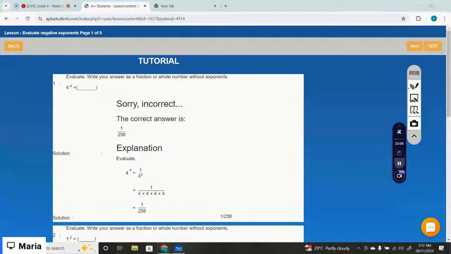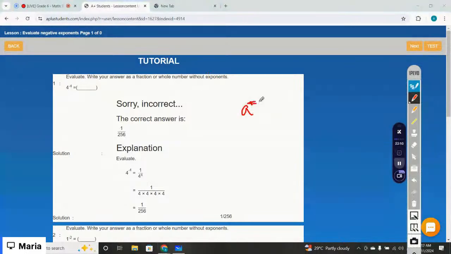You can relate the negative exponent to this. For example, we have a exponent negative n. We can make this exponent positive by writing it in the denominator. The numerator must be 1. So it would be 1 divided by a exponent n, right?